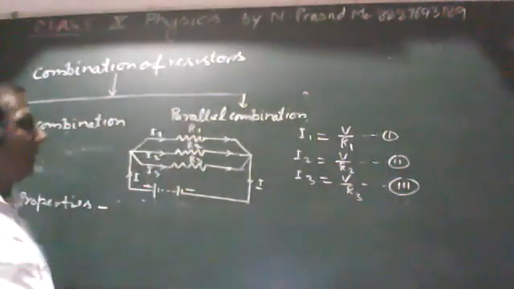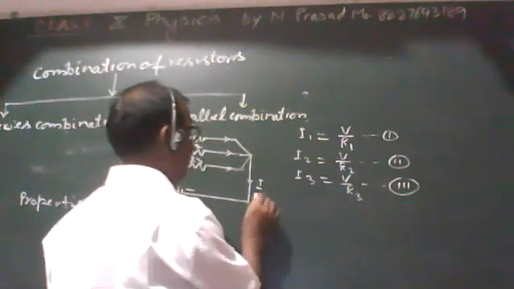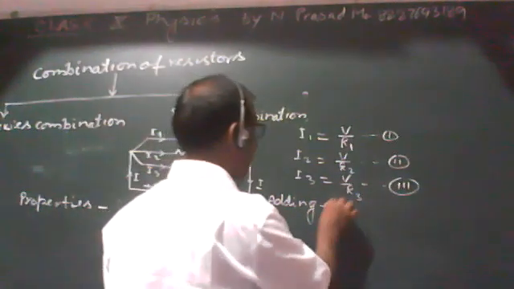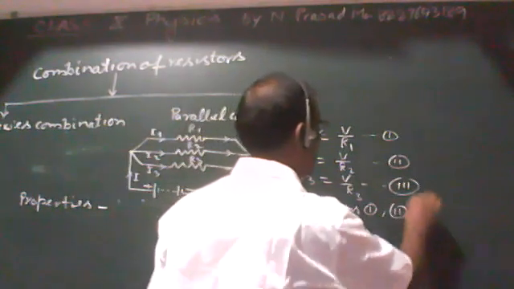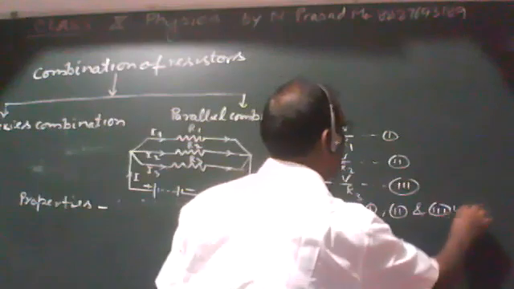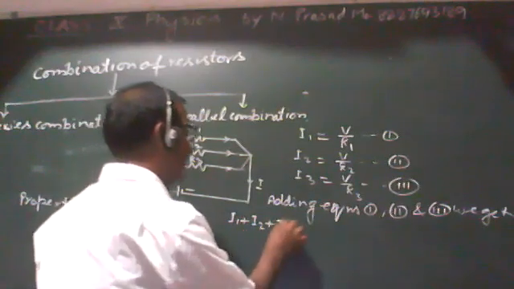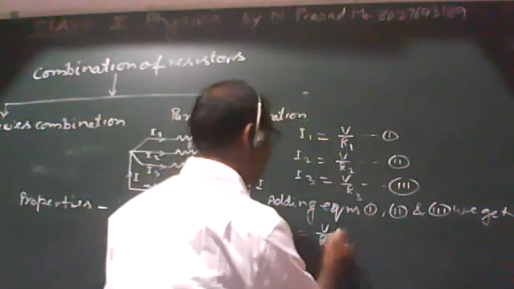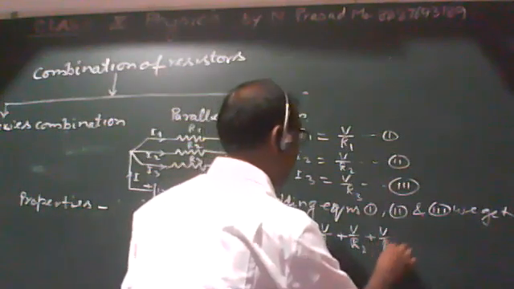Now we will add the three equations, adding the first, second, and third equations. We get I1 plus I2 plus I3 is equal to V by R1 plus V by R2 plus V by R3.